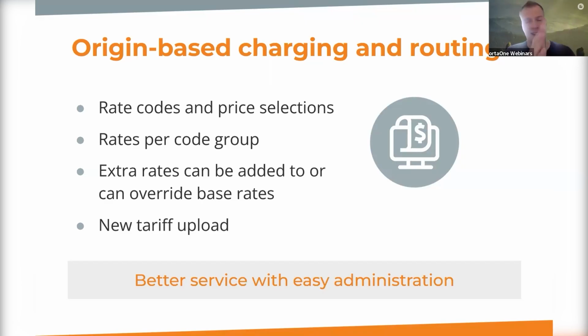Then we also have another example when you have a different price for a particular European country, depending on whether the call comes from within or outside European Economic Area. So these are calls from within or outside EEA. The common thing in all these previous implementations of origin-based charging is that for a single destination, for a single rate, there were always up to two different prices.